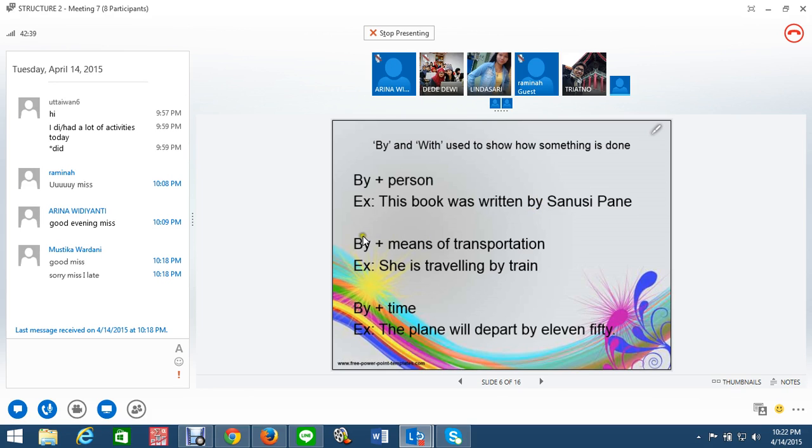Okay, and also by plus means of transportation. Means here is alat transportasi, like she's traveling by train. She's coming by taxi. Okay, so you just remember this. By followed by person, by followed by means of transportation, and by followed by time. Example, the plane will depart by 11:50.